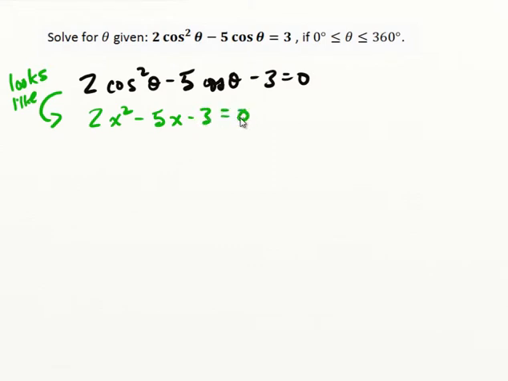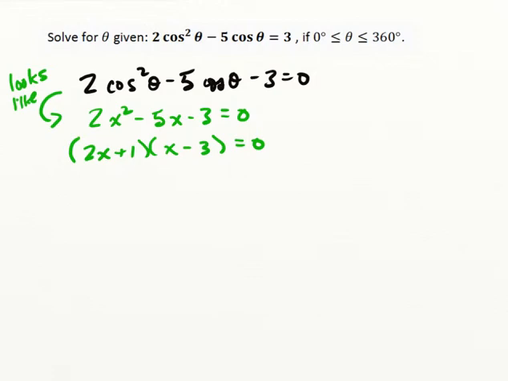Now, if you were to factor that, and I'm not going to go into how to factor that, there are other videos on factoring, this would factor nicely into 2x plus 1 and then x minus 3 equals 0.